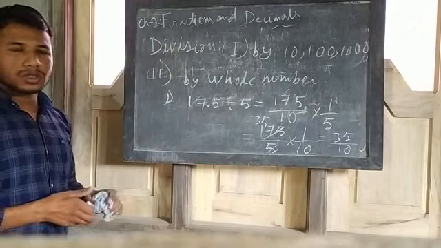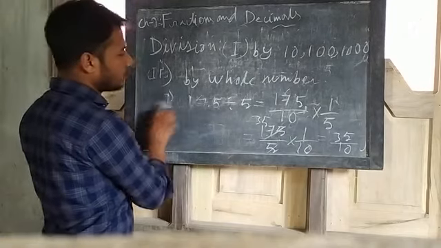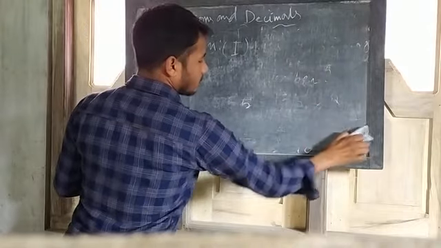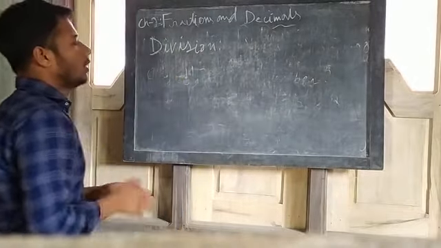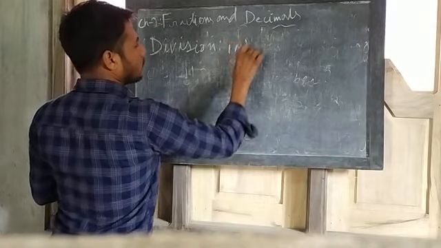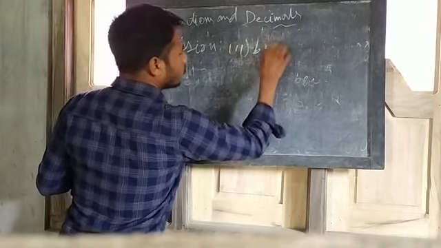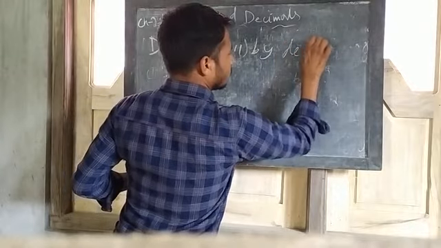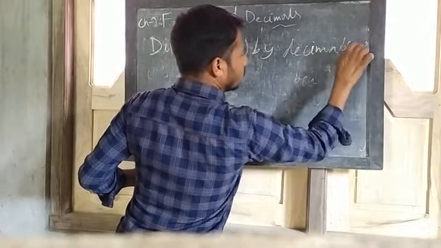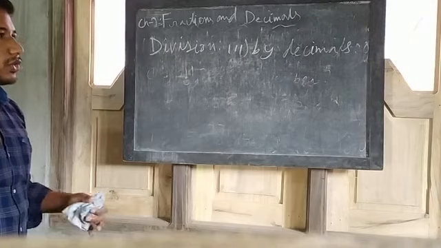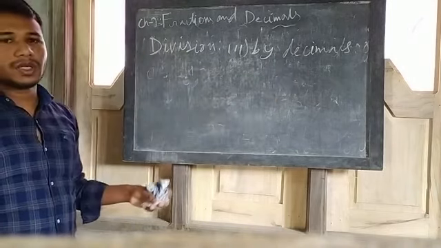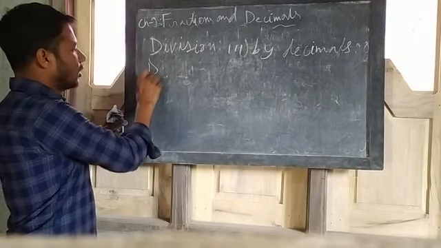Now we will consider the third case. And the third case is division by decimals. Division by decimals. Here also I will explain by example. Example 1.